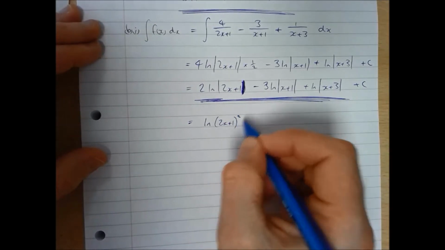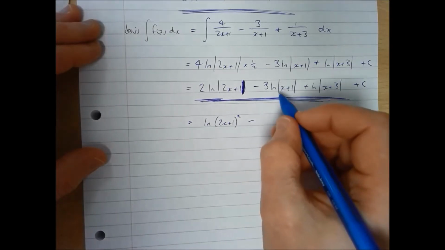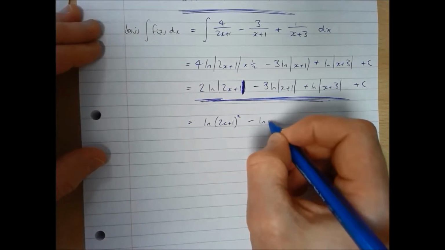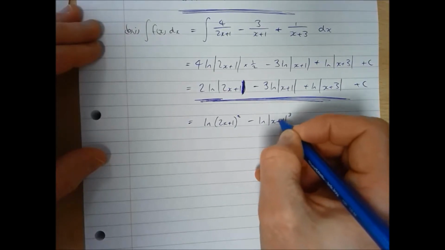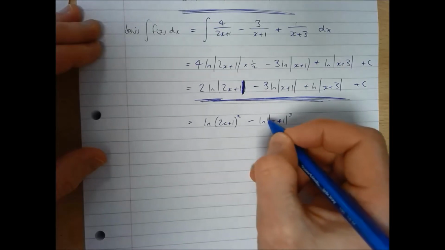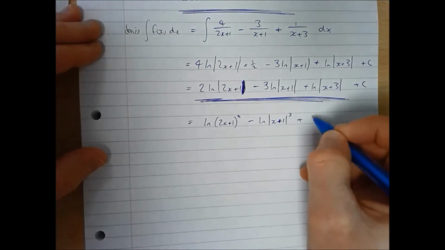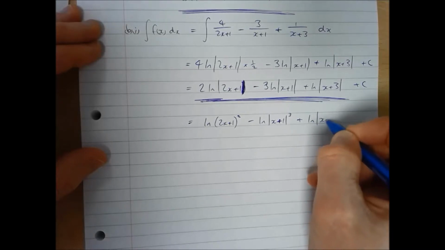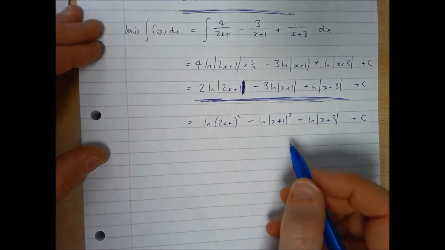Change that to normal brackets because anything squared will be positive anyway. Similarly over here we have ln of x plus 1 cubed. I've left the modular sign there because a cubed number isn't necessarily positive. And plus ln of x plus 3. Okay.